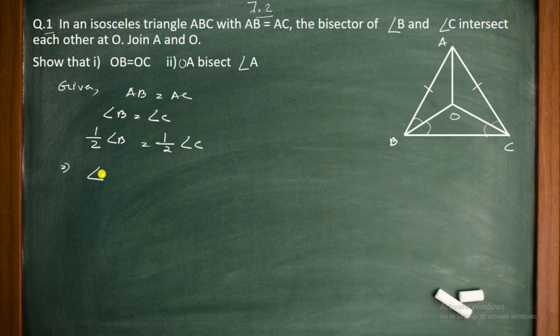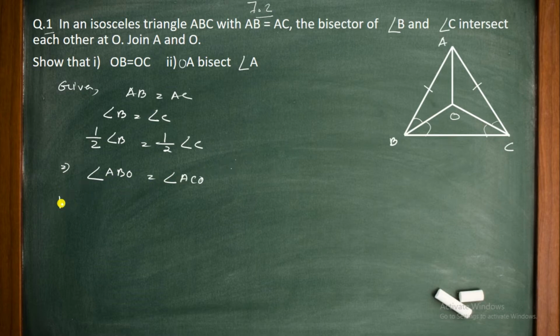So we can write here half of B is angle ABO and half of C is angle ACO. This is the full angle and half will be this angle or this angle. We have written ABO. Here also same. So this one we have proved.